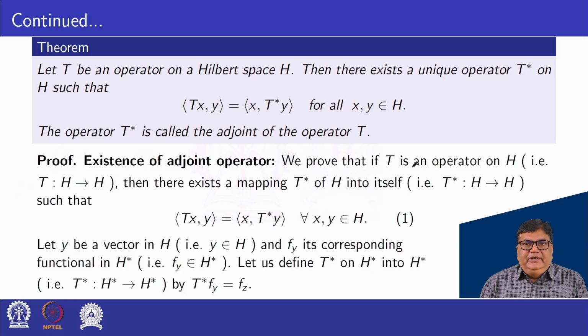We prove that if T is an operator on H, that is T from H to H, then there exists a mapping T star on H into itself, that is T star from H to H, such that the inner product of Tx and y equals the inner product of x and T star y for all x, y belonging to H. Let y be an element of H and fy its corresponding functional in H star, that is fy belongs to H star.